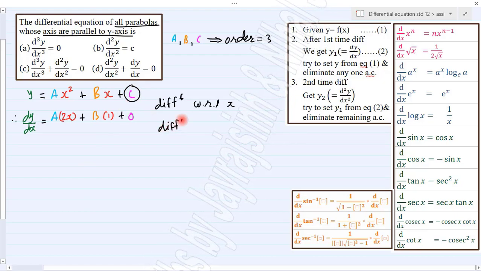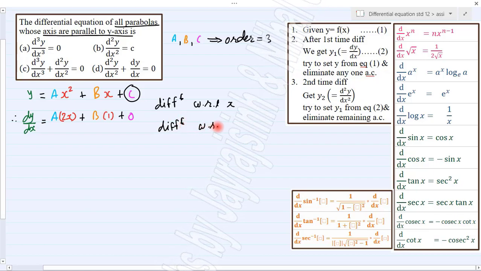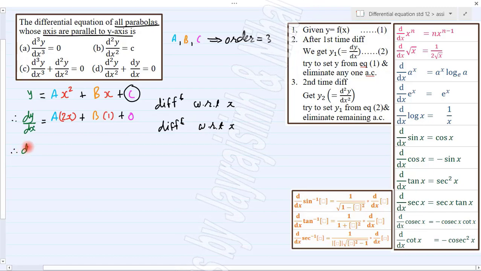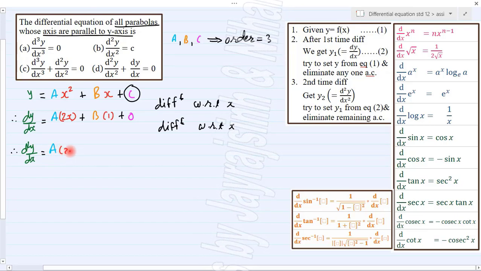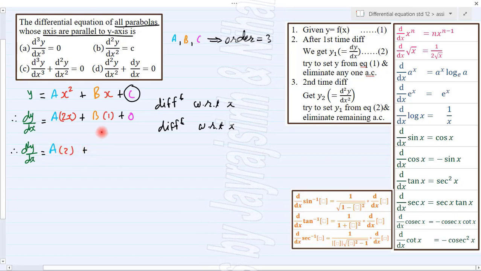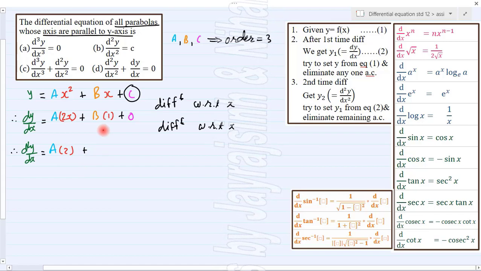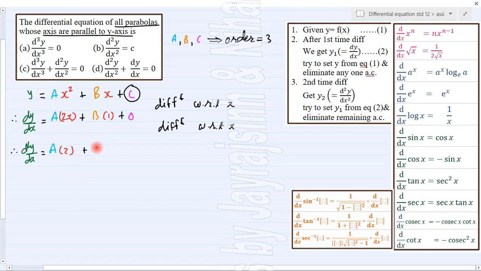So let's differentiate again with respect to x. So we will get d square y by dx square is equal to a as it is, differentiation of 2x will be 2 plus b into 1 will be b, which is purely constant term.